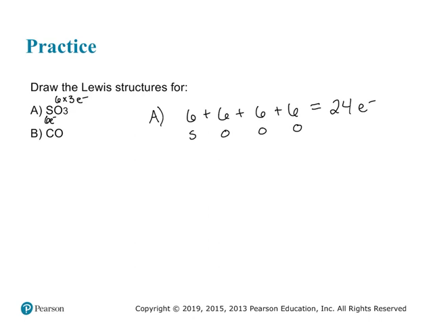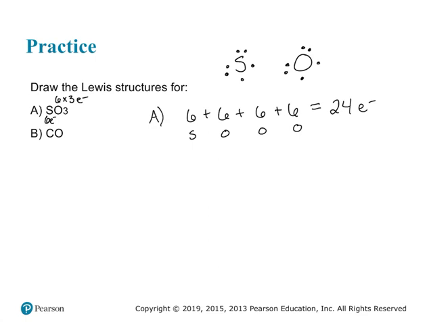All right, so the next step, we have to figure out which atom goes in the middle. So remember, that's either the atom that is by itself or the atom that can make the most bonds. So sulfur, again, has 6 valence electrons, and oxygen has 6 valence electrons. Okay, so it looks like each of them can make 2 bonds.